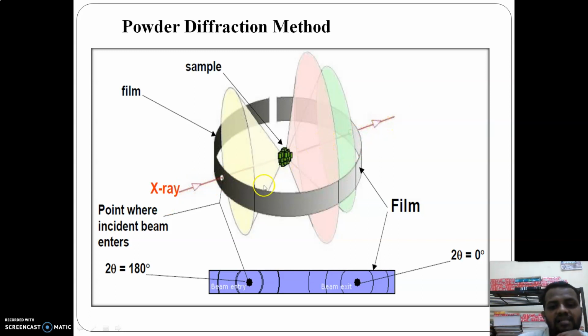Now, whatever reflection and diffraction we are getting, the signals which are above the film will get lost, but the signals which are placed on the film, which are getting impregnated on the film, will show their traces in arc form.